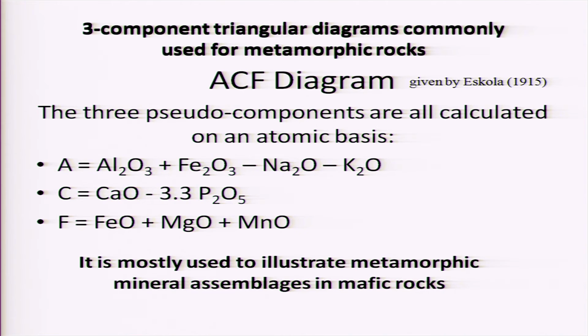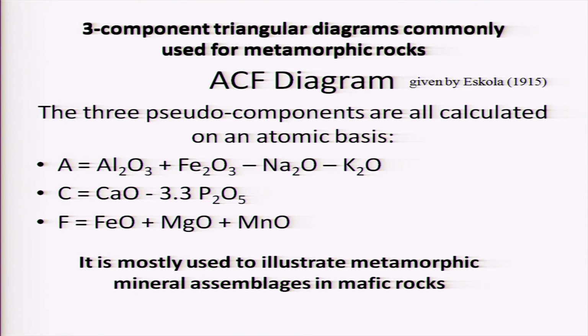For C, we have CaO, but if a mineral contains some amount of phosphate or P2O5, then apatite is an early formed calcium bearing mineral, and the amount of calcium in apatite is 3.3 times that of P2O5. So, that much calcium must not be available to be reflected in these diagrams.